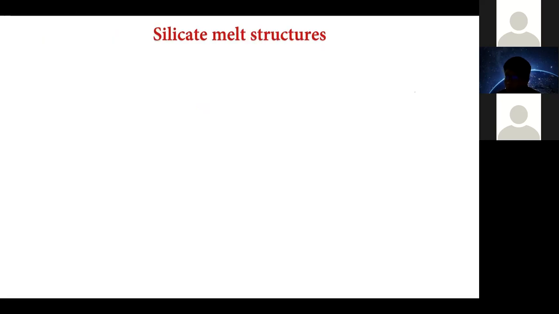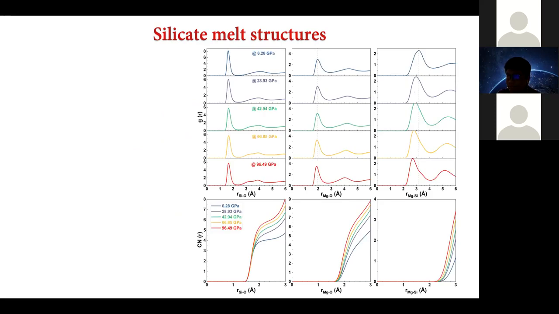So we first focus on the sulfur-bearing silicate melt with a chemical composition of MgSiO3. Here are the structure properties of silicon-oxygen, magnesium-oxygen, and magnesium-silicon pairs. The upper five figures are the radial distribution functions, and the bottom one is the coordination numbers.